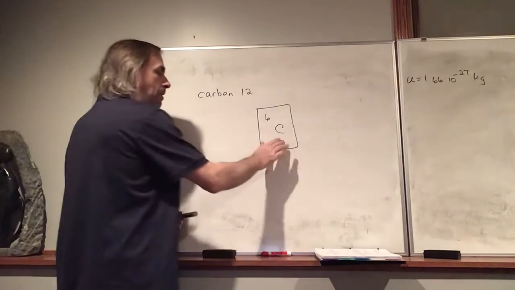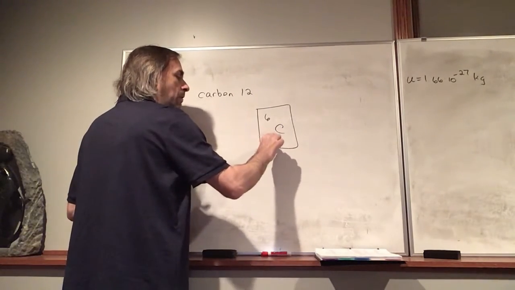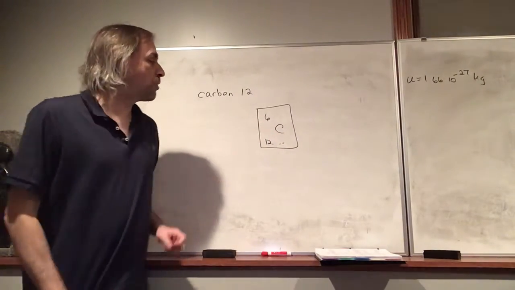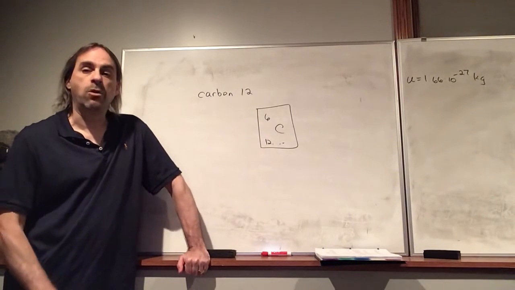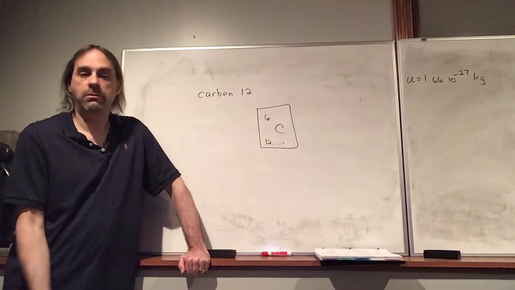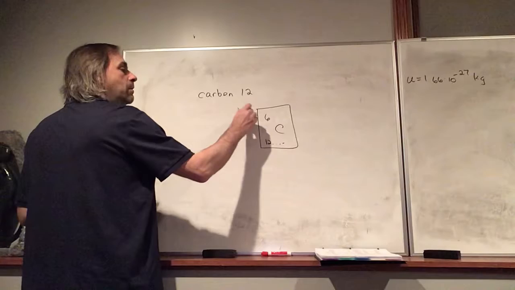Actually, it's probably not going to be exactly 12. It'll be 12 point something. And again, this number is the atomic number. By definition, that is the number of protons. Any atom that has 6 protons is carbon, just by definition. So this is the atomic number.